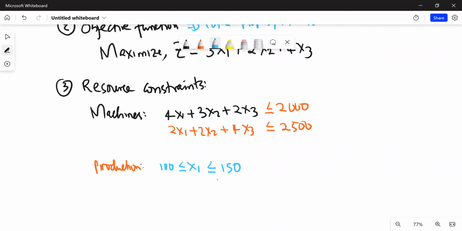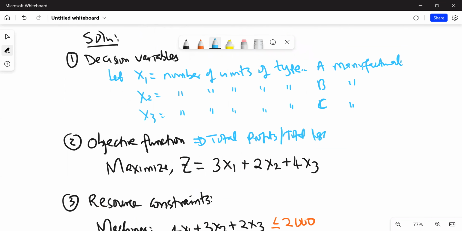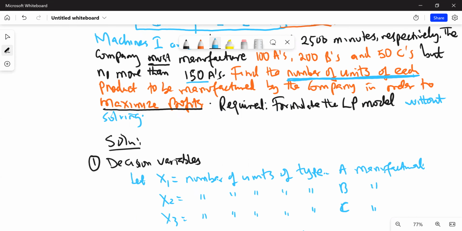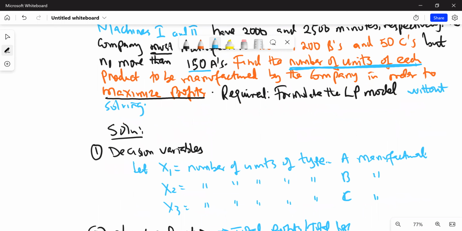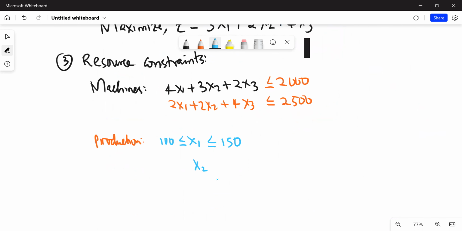And what about X2? So we must manufacture 100 units of A, 200 units of B, and 50 units of C. So X2 must be greater or equal to 200.